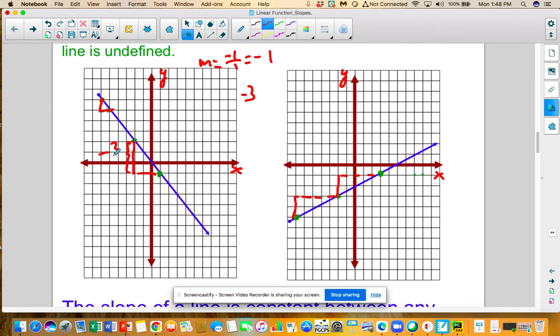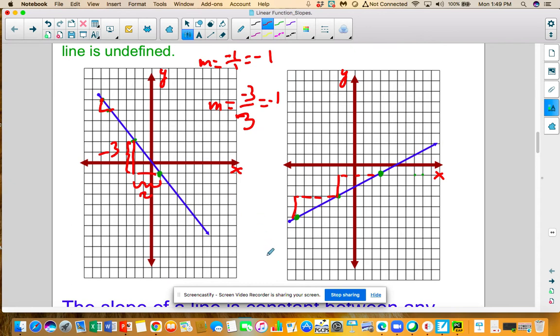And I'm going to go over by 1, 2, +2. Huh? Hold on. 1, 2, 3. Oh, I miscounted. +3. Okay, so the slope will be -3 over +3, which is the same as -1. Please count properly and don't make the mistake that I just did.